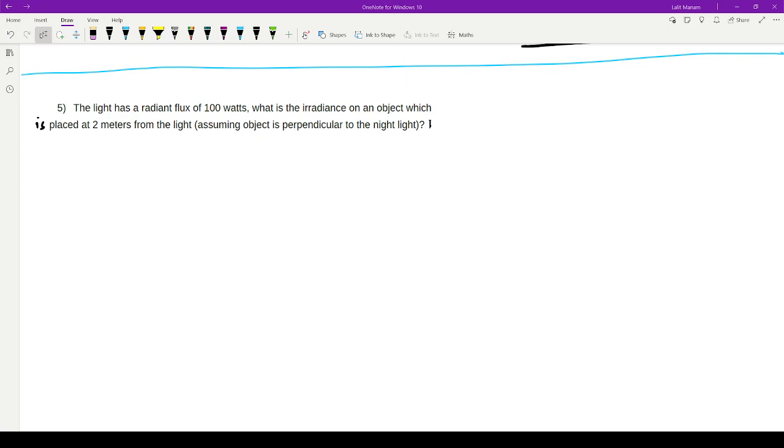What is the unit of radiant flux? Watt. So what does it mean? Energy per unit area? Flux is basically the incident light on a particular area. What is the unit for which quantity?